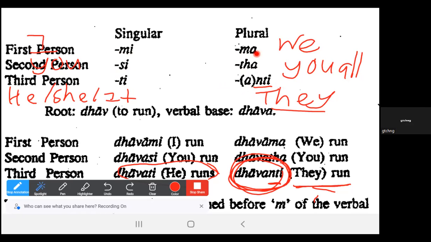Okay, Brother Kintek, please recite. Ti, anti, si, ta, mi, ma. Okay, good. Jade. Ti, anti, si, ta, mi, ma. Okay. Who else? Vira. Yeah. Ti, anti, si, ta, mi, ma. Okay.